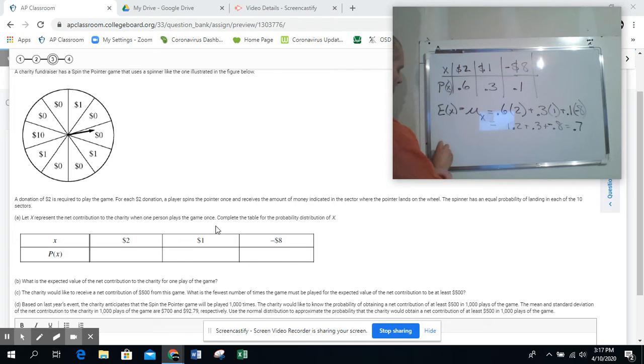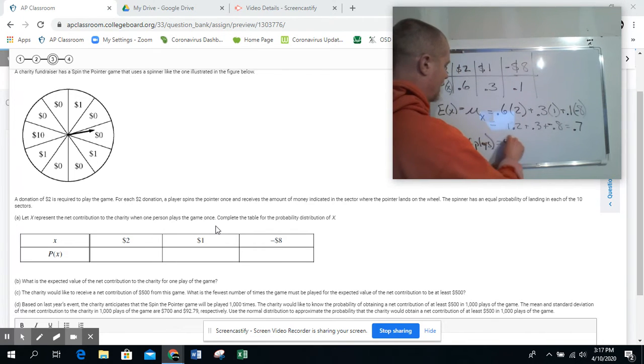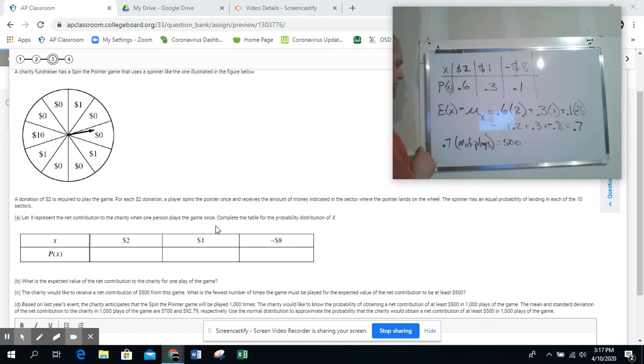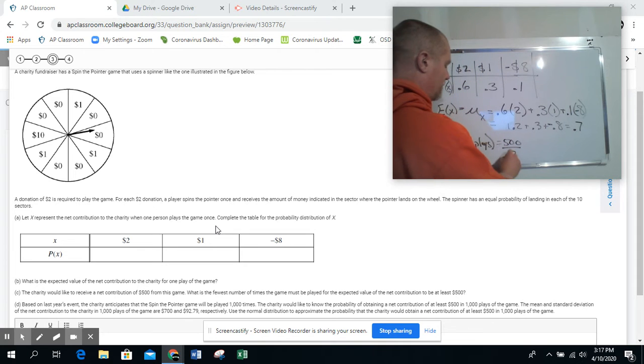So how many 0.7s would I have to put in to come up with $500? So 0.7 times the number of plays equals 500. If I divide both sides by 0.7, I'm going to multiply the top and the bottom by 10. So that's going to get up to 5,000.